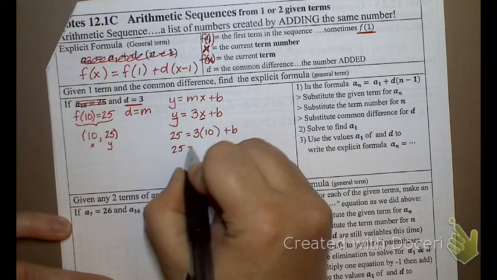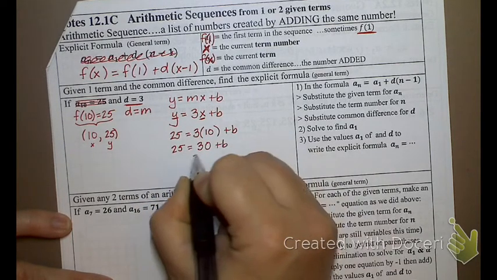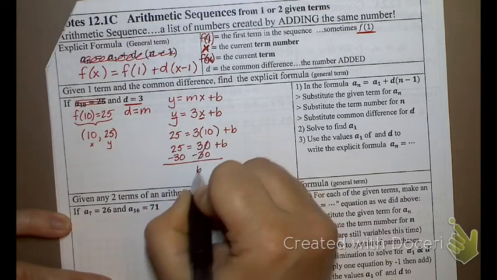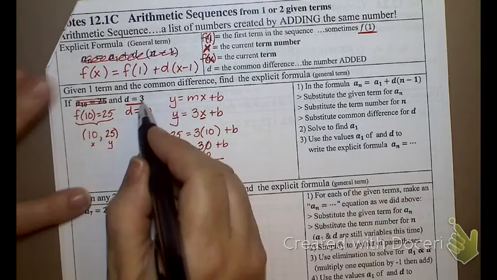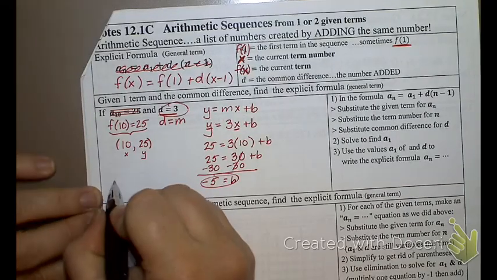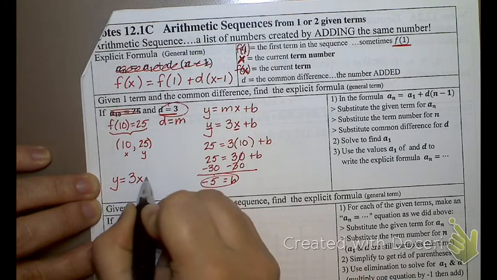25 equals 30 plus b. Subtract my 30. And what does b equal? Negative 5. So if I know that m is 3 and b is negative 5, what is my final equation? Y equals 3x minus 5.